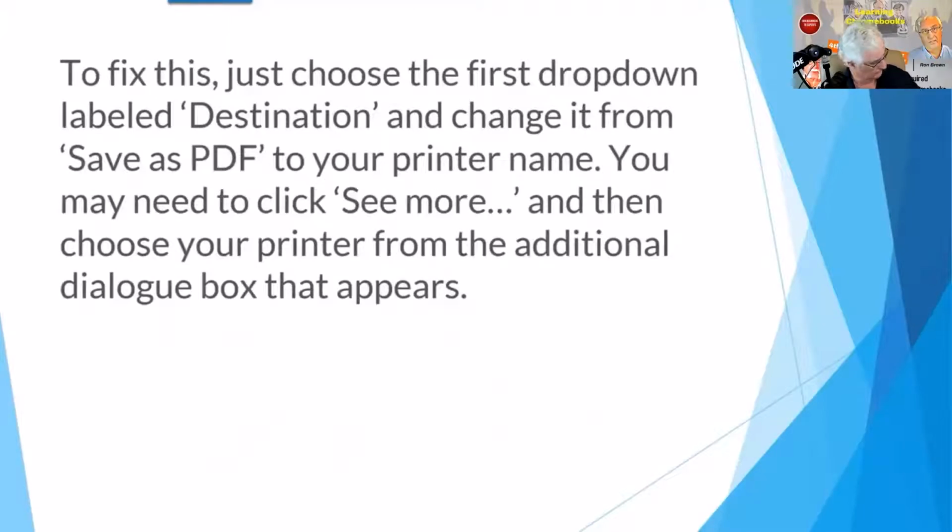To fix this, just choose the first drop-down labeled Destination and change it from Save as PDF to your printer name. You may need to click See More and then choose your printer from the additional dialog box that appears.